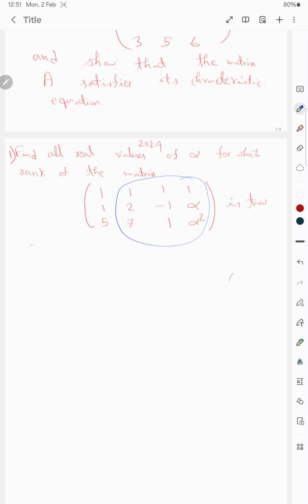So you can write, since the rank is 2, all the 3x3 order minor determinants should be 0.